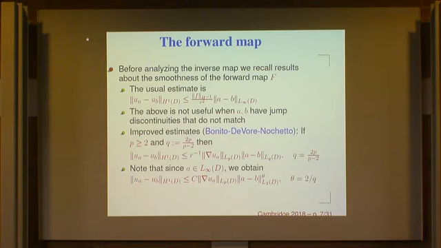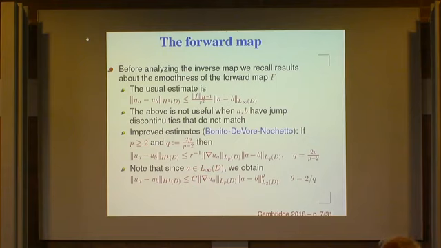In our business now, we're going to turn to the inverse map, but even if you were interested in the forward map, this inequality is not completely satisfactory. Why? If I took an A and a B which are discontinuous, and if their discontinuity doesn't match, think of two piecewise constant functions, this right-hand side is going to be 1, or a constant.